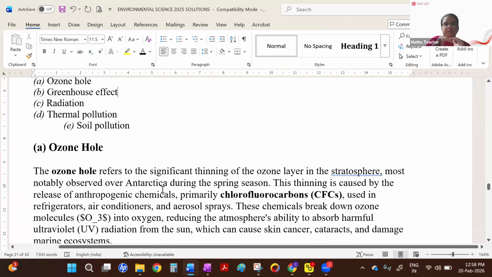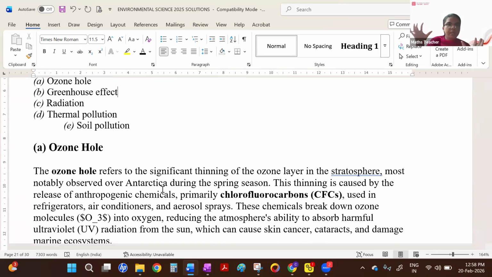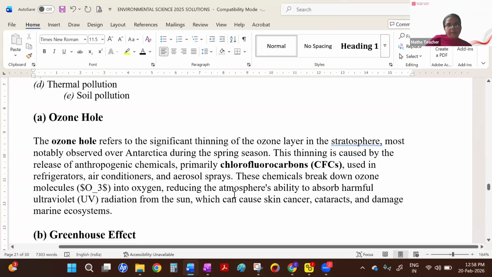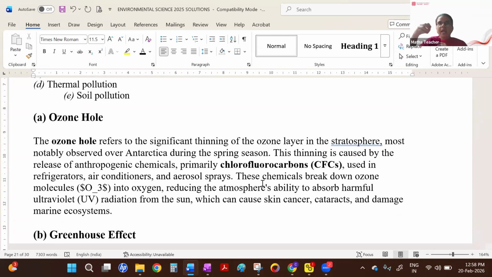What is the ozone hole? The upper layer of the Earth's atmosphere contains a thick layer called ozone, made up of O3. When chlorofluorocarbons are released from the earth, the chlorine contained in them will break down the ozone molecule in the presence of sunlight, into oxygen atoms.